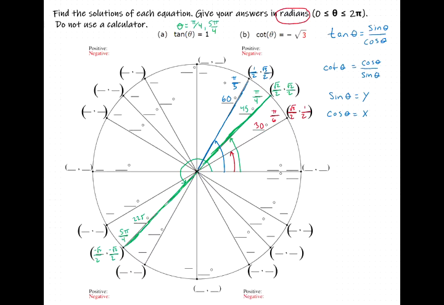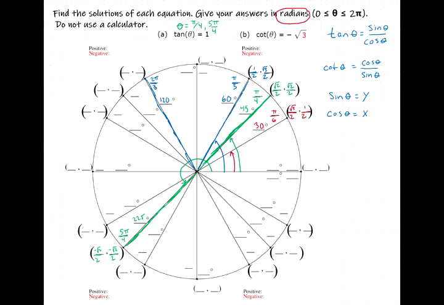So we could look at the reflection in quadrant 2. That would be this one. So that would be an angle of 120 degrees, or 2 pi over 3 radians.